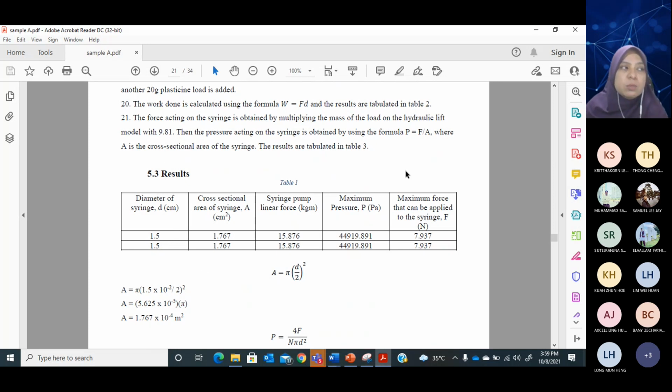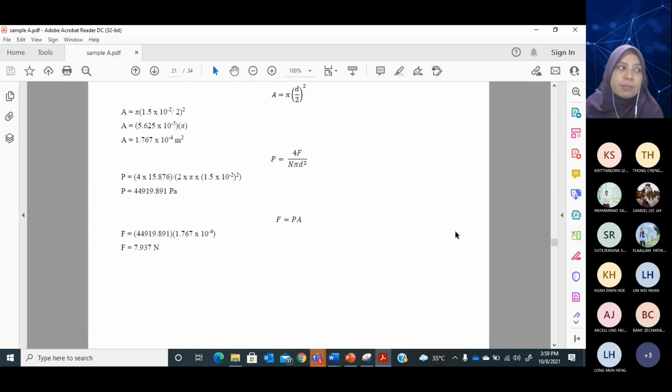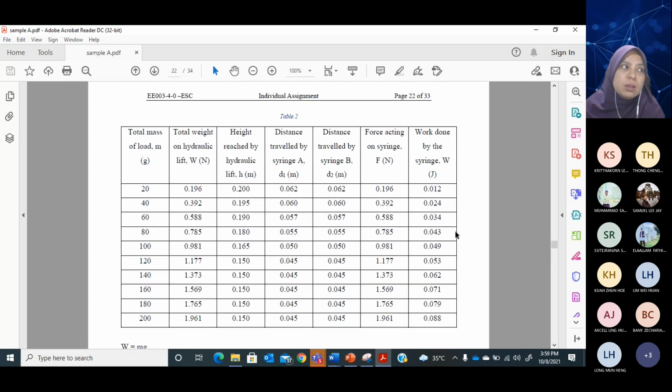Experiment is done very good, but then only using 2 different object. And the size is same. Diameter same. Okay. And then, he have used other mass also. But in the demonstration, only show 2, right?